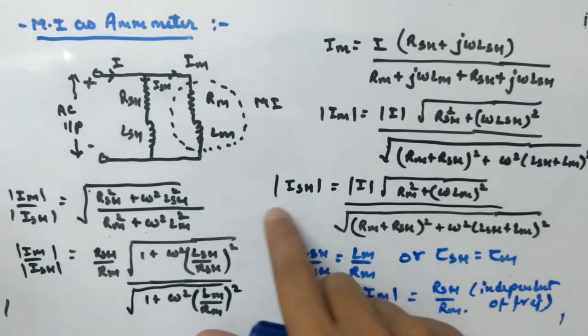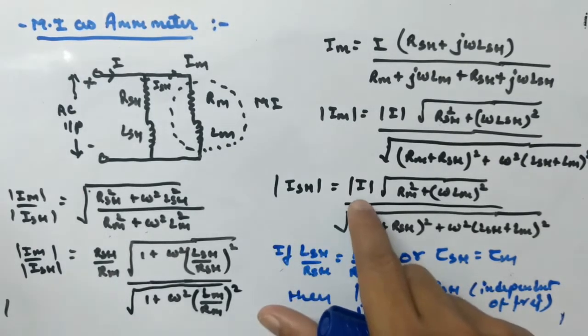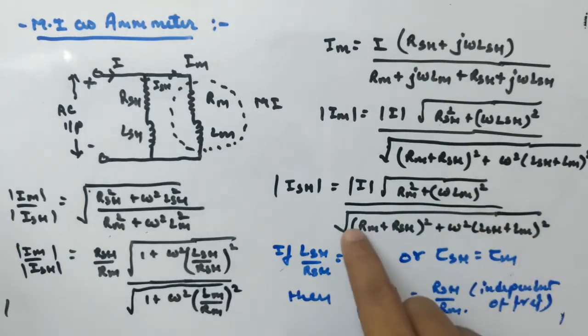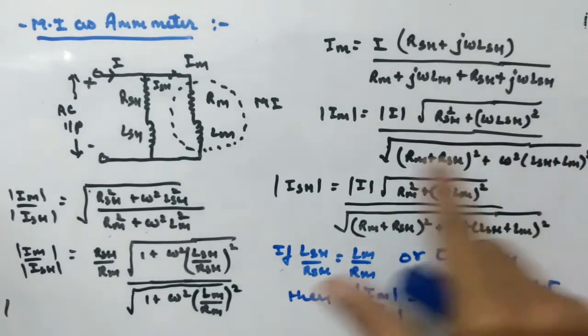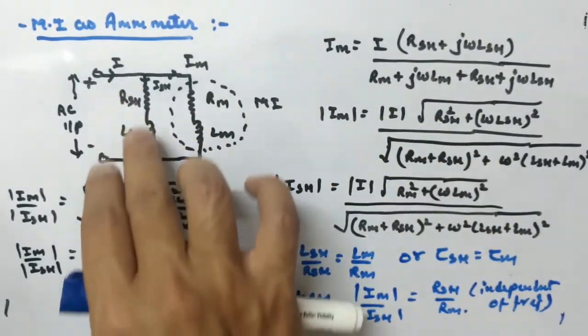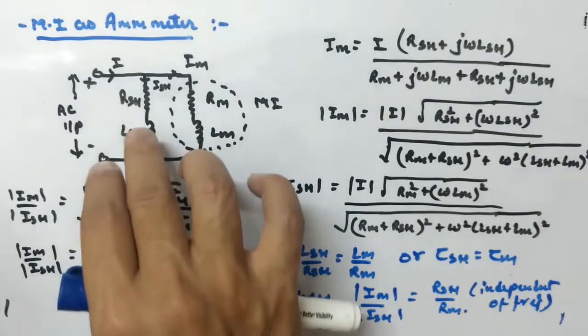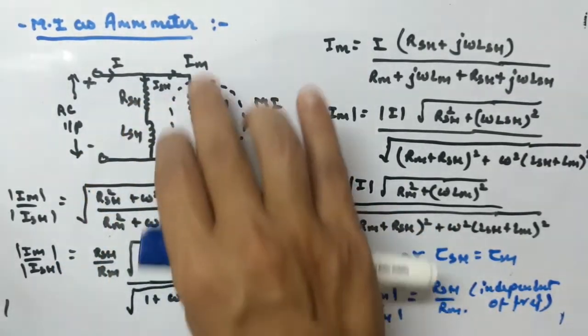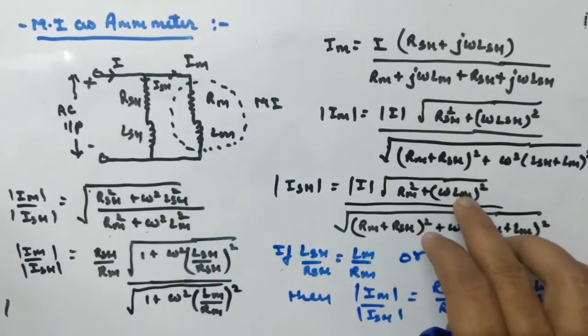Now I have written directly the modulus value. So that is mod of I under root Rm square plus omega Lm whole square divided by under root this same term. So when I calculated Im, I took the shunt resistance and inductance impedance as numerator, and when I calculated ISH, I have taken this impedance as numerator.